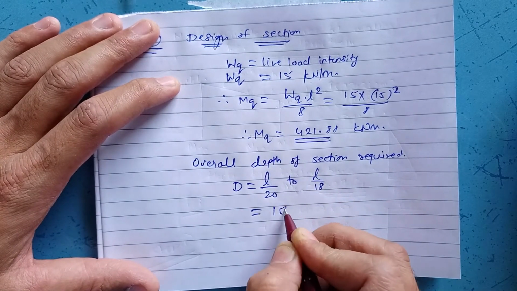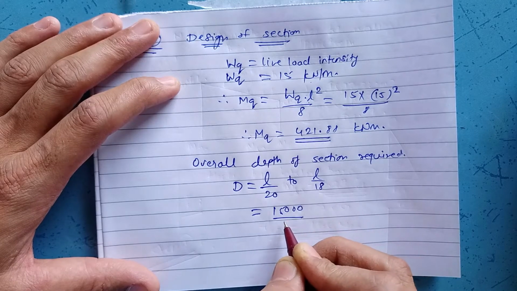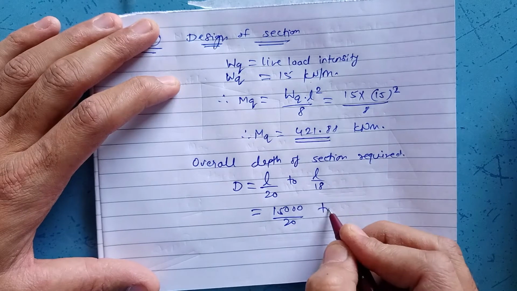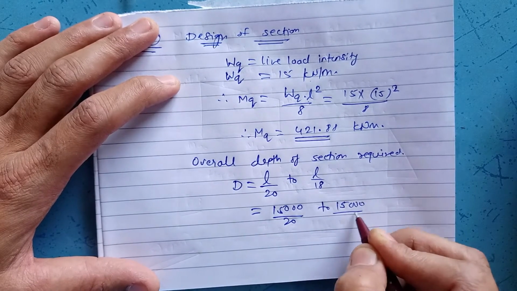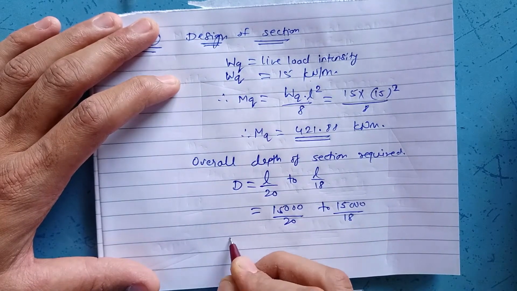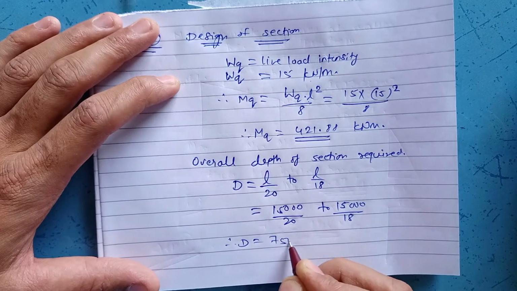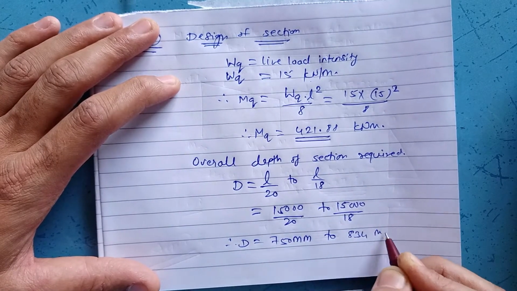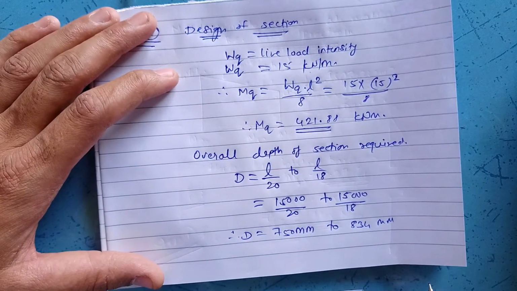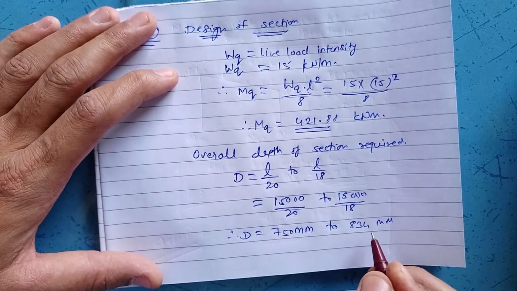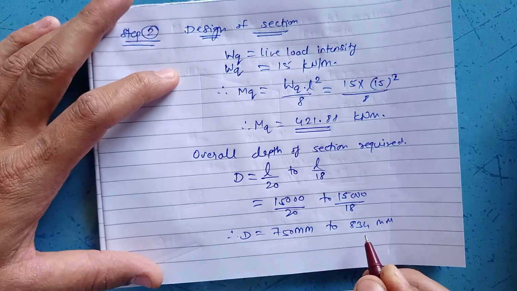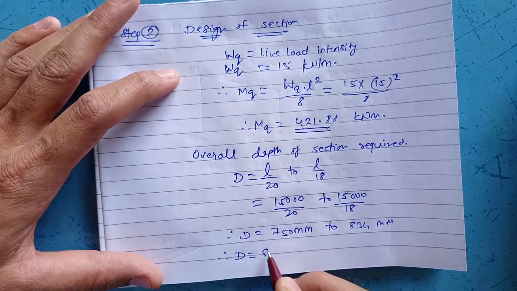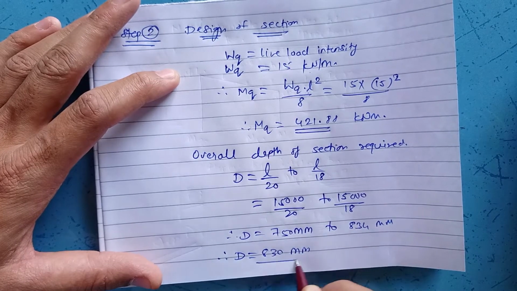Substituting the values, 15,000 by 20, where 15,000 is the length of the member in mm, or 15,000 by 18, D will be 750 mm to 834 mm. Now, within this range we are supposed to adopt the overall depth of the member. Hence adopt D equal to 830 mm.